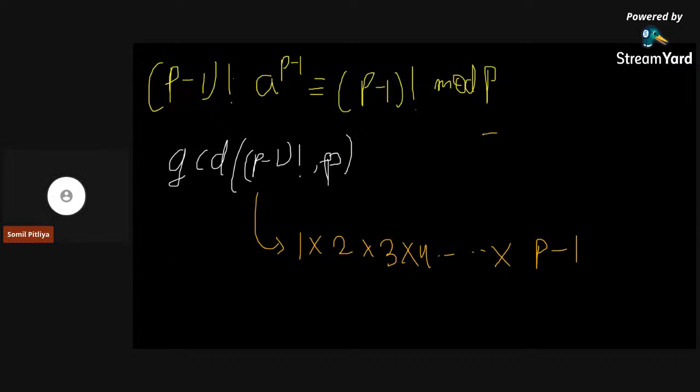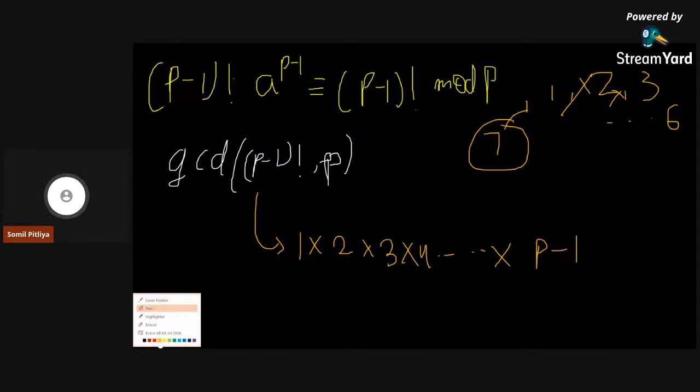For example, let's say 7: none of the numbers 1, 2, 3 till 6 is divisible by 7, because these are smaller numbers. And if I multiply all the numbers, no number in this set will give 0 modulo p, so the multiplication will never give 0 modulo p. So the GCD of p minus 1 factorial comma p, for p prime, is equal to 1.